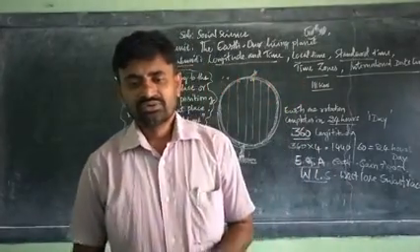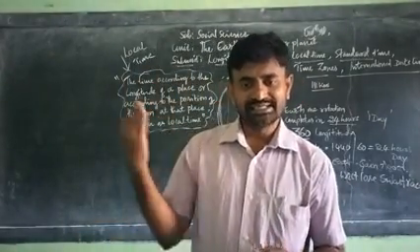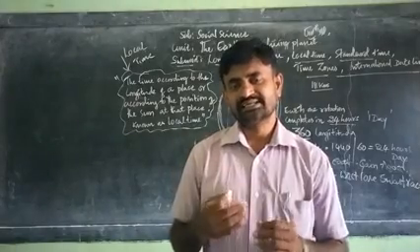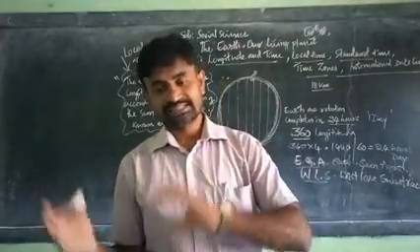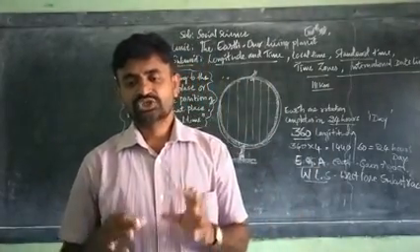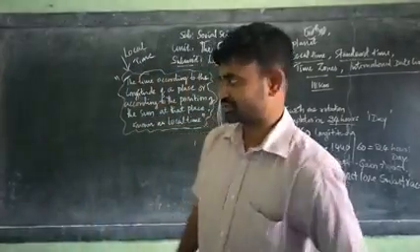When the sun is shining vertically over a longitude, it is 12 noon at that place.